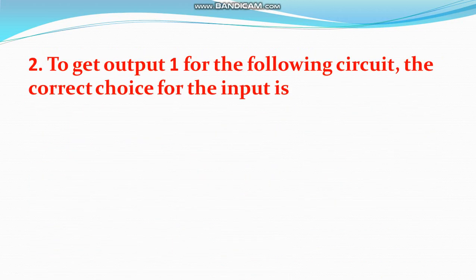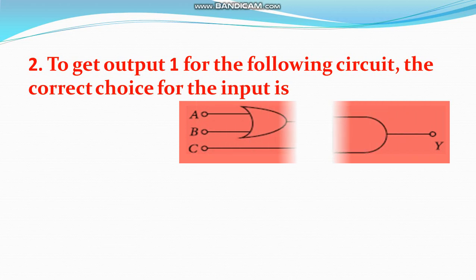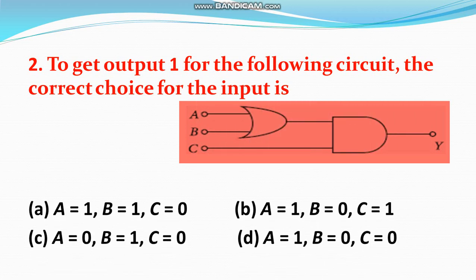Next, second question. To get output 1 for the following circuit, the correct choice for the input is, yes, here we want output 1, and which type of gate is this? It is an AND gate. You will get 1 only when both inputs are high.